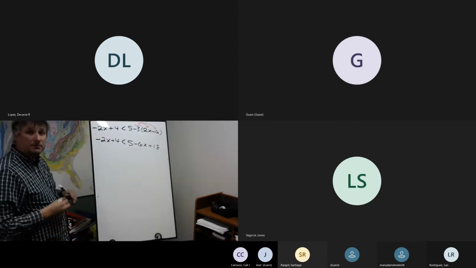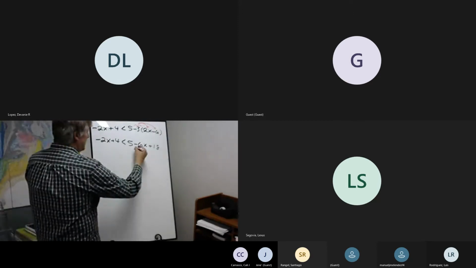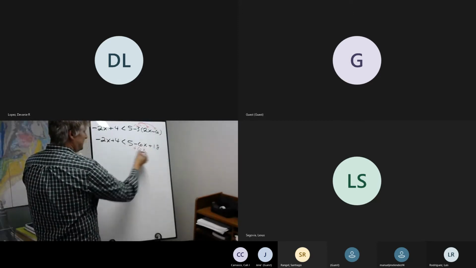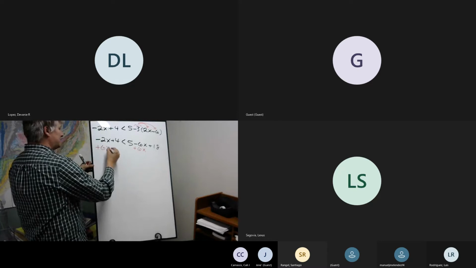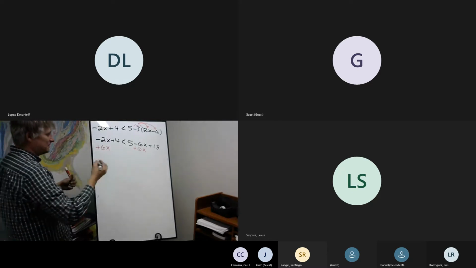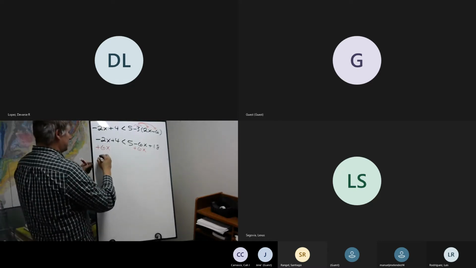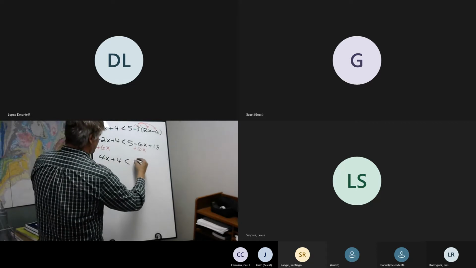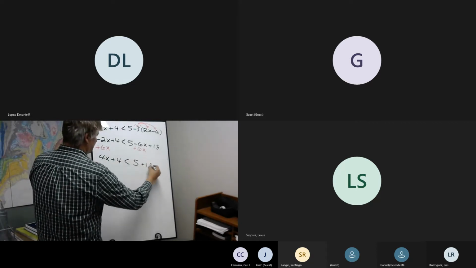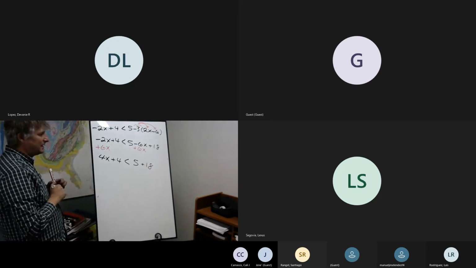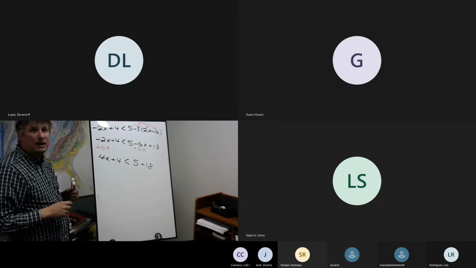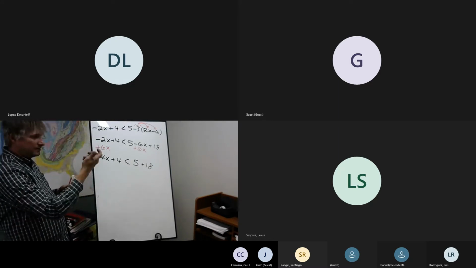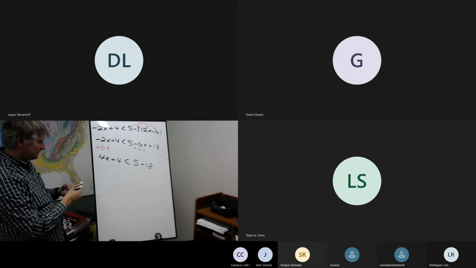So we distribute to get rid of parentheses, and again, I'm just going to treat this as if it's like a linear equation, keeping those 2 things in mind: the kinds of answers I could get, and that if I multiply or divide by a negative number, my inequality flips around.